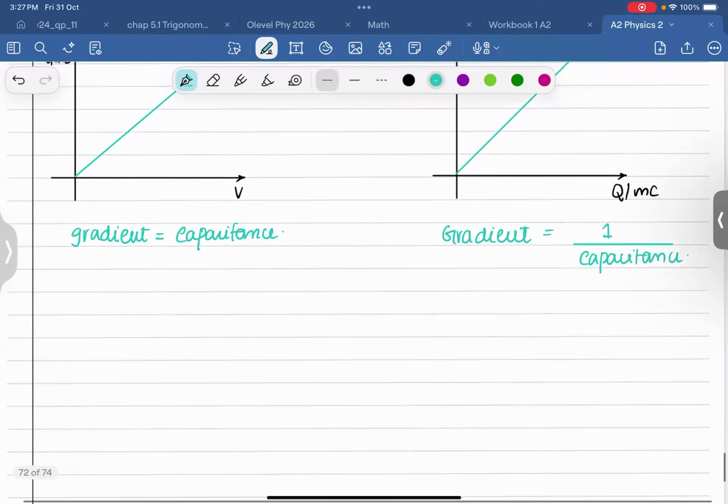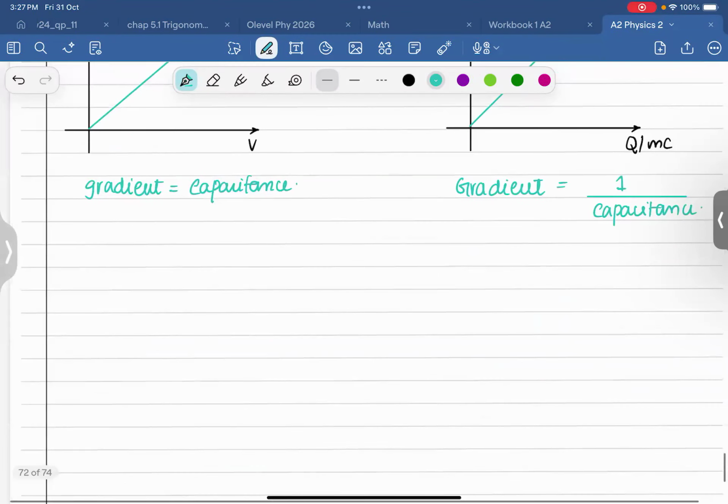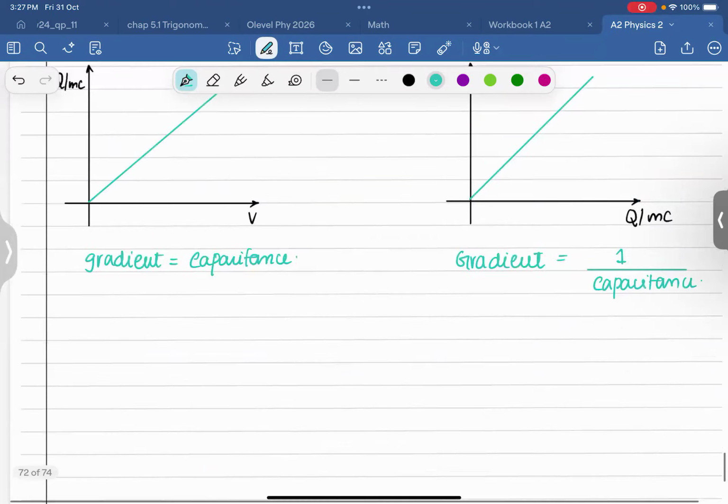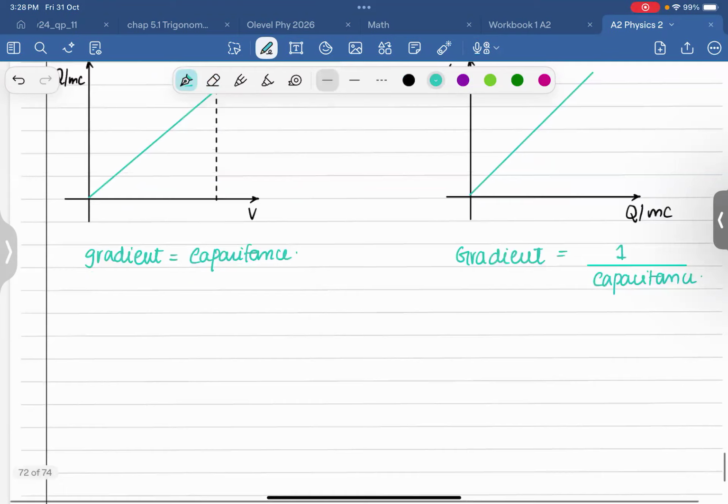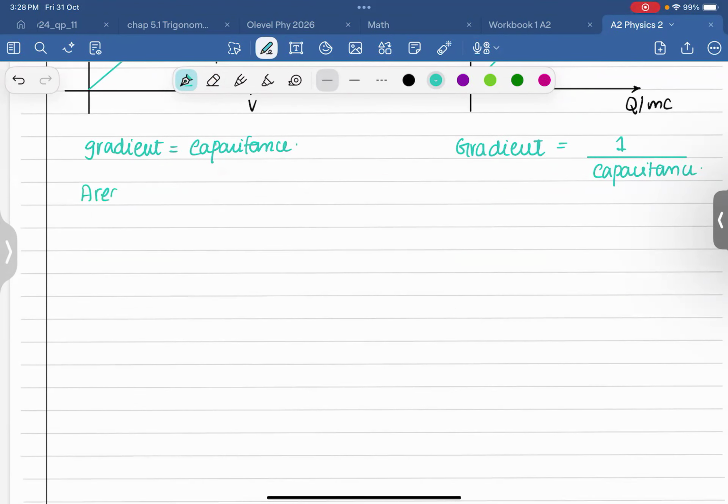Now if we talk about the concept of the area, the area under the graph is going to give me the energy basically.